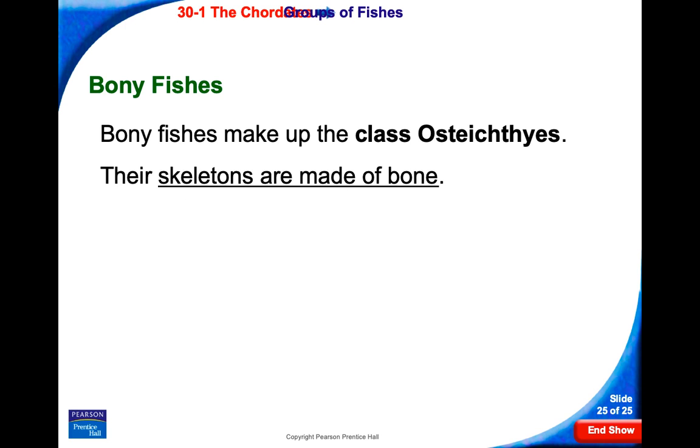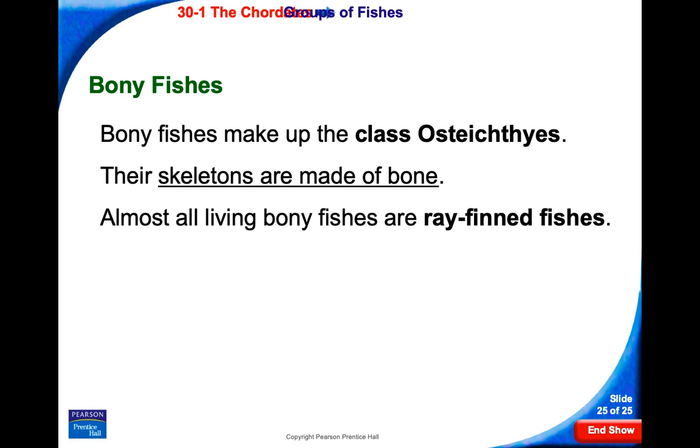Not only that, but a huge group of bony fishes, almost all of them, are called ray-finned fish. If you look at their fins, they have these little spines that hold the fins together, and you can fan them out. And so those are ray-finned fish.